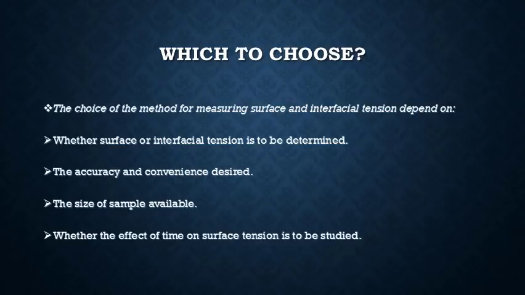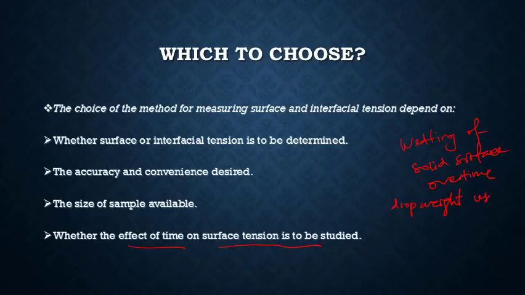So the last factor determining which method to choose is whether the effect of time on surface tension is to be studied. It is when we are trying to study, for example, wetting of a solid surface over time. Then the drop weight method will be used.